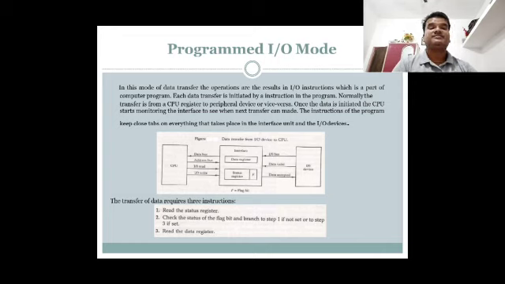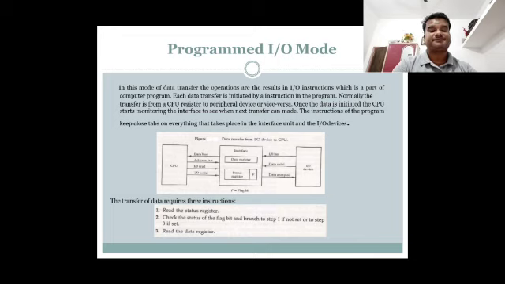Normally, the transfer is from a CPU register to a peripheral device or vice versa. Once the data transfer is initiated, the CPU starts monitoring the interface to see when the next transfer can be made. The instructions of the program keep close tabs on everything that takes place in the interface unit and the I/O device.